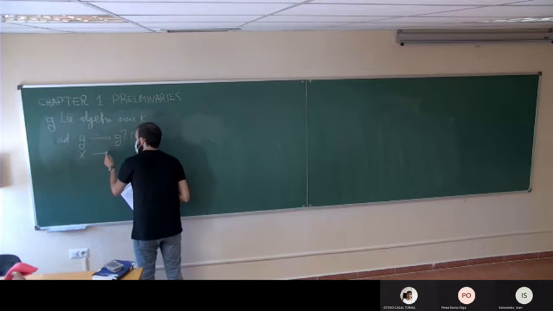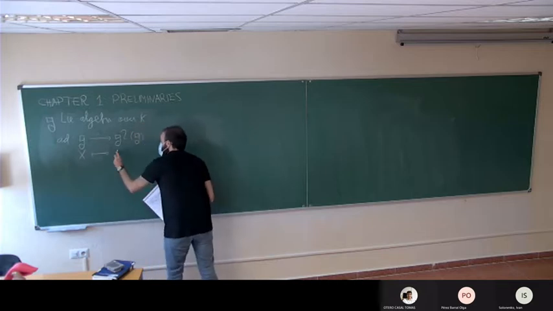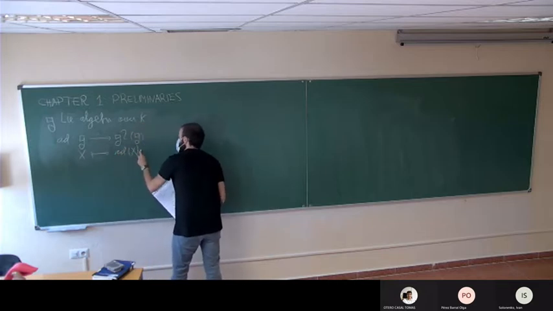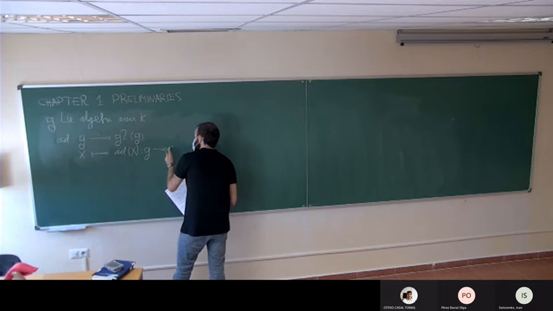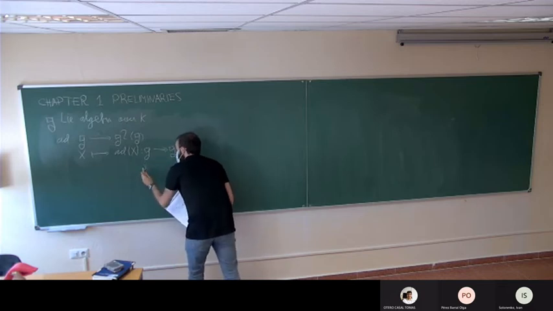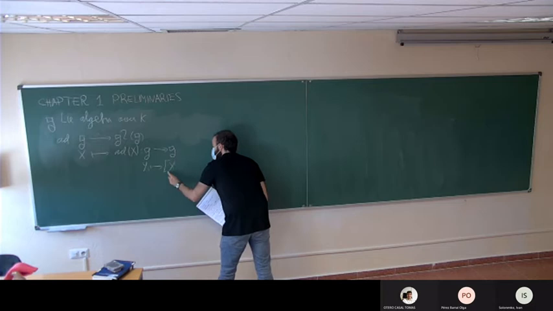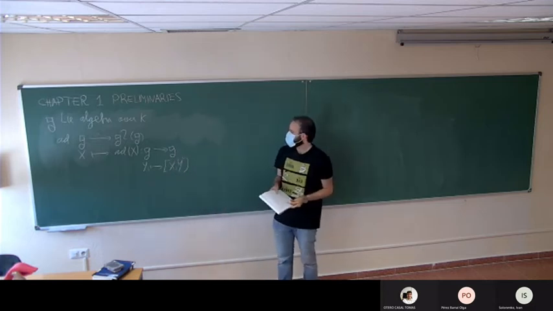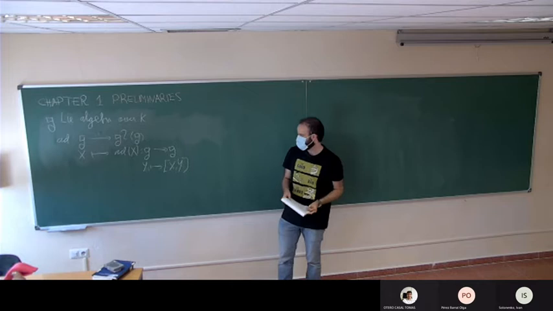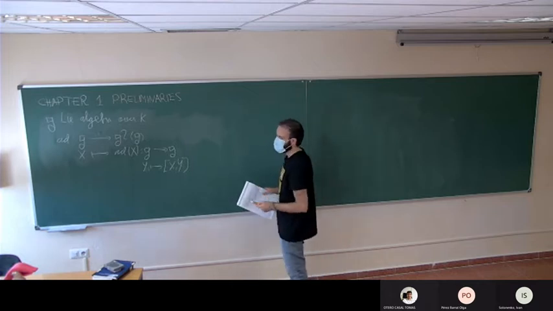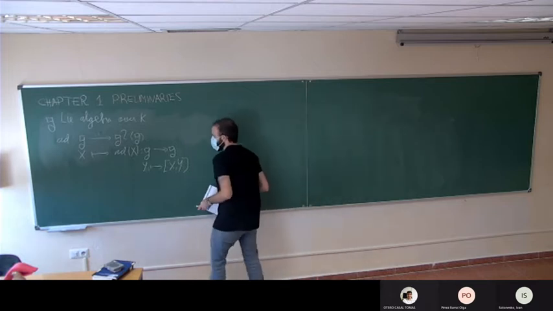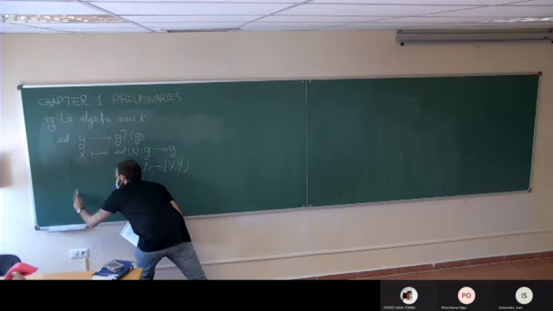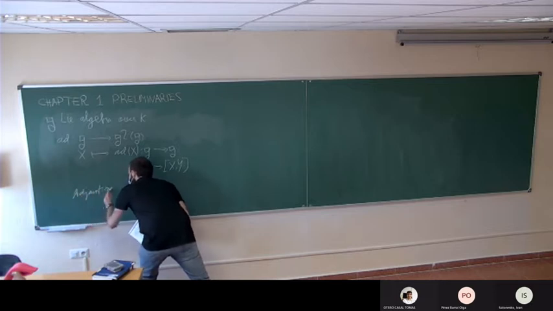So this takes an element x into ad x, which goes from G to G, and takes y to the Lie bracket xy. It's known that this is a Lie algebra homomorphism, and it's called the adjoint representation of the Lie algebra.